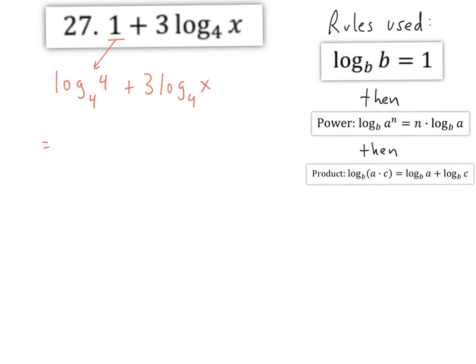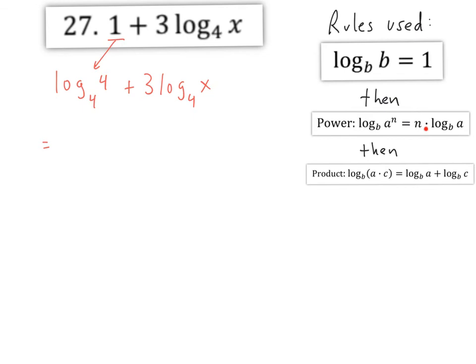Before we add these, if either of them has something multiplied out front, then we can't use the product rule to combine these into one log. So this 3, we have to get rid of that somehow. And so next we can use the power rule. Same thing, we're going to be using it backwards.